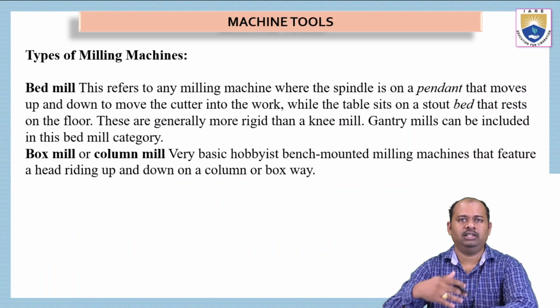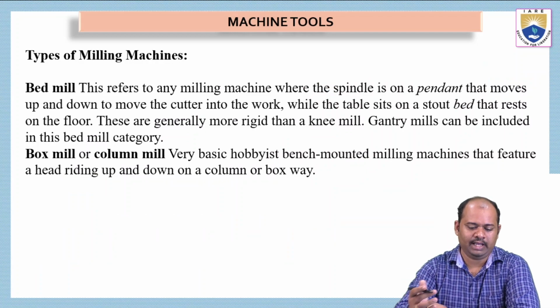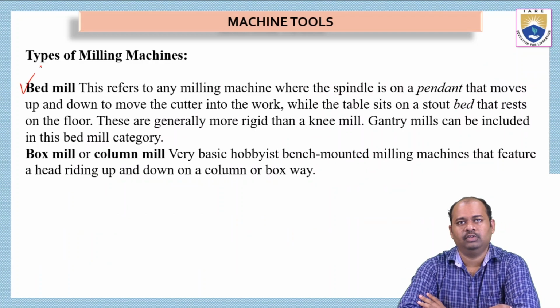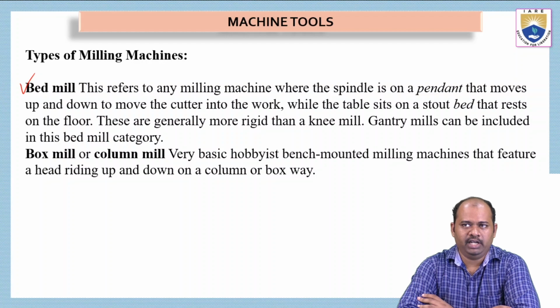And then we have other types of milling machines, like the bed mill. A bed mill refers to any milling machine where the spindle is on a pendant that moves up and down to move the cutter into the work, while the table sits on a stout bed that rests on the floor.